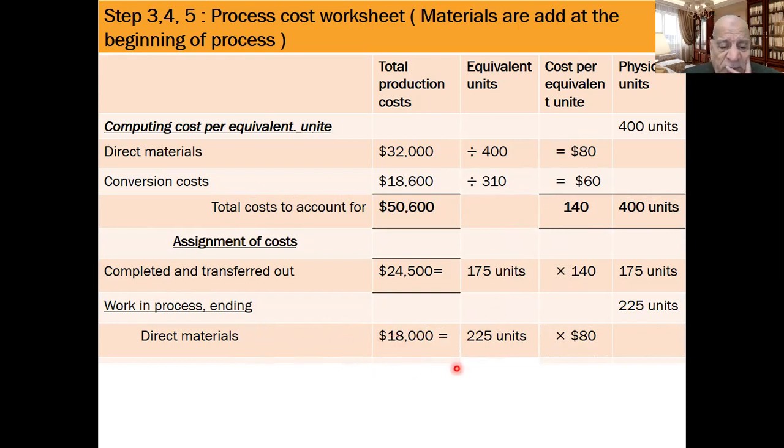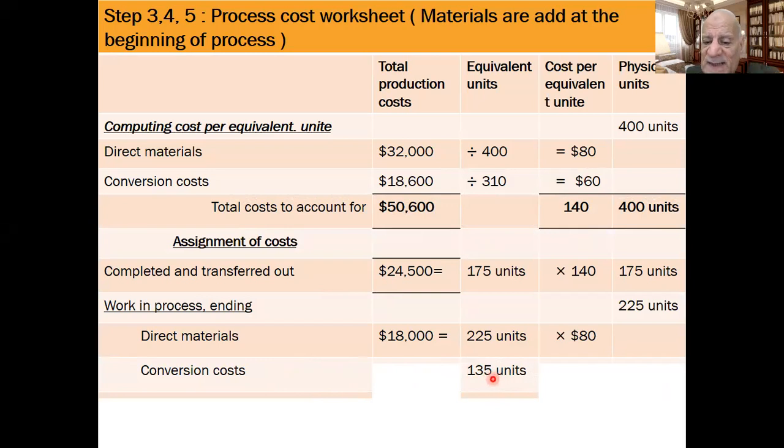But what about conversion costs? Conversion costs, these units are not completed. The equivalent units of this cost item equals 135 units, as was calculated in step number 2.